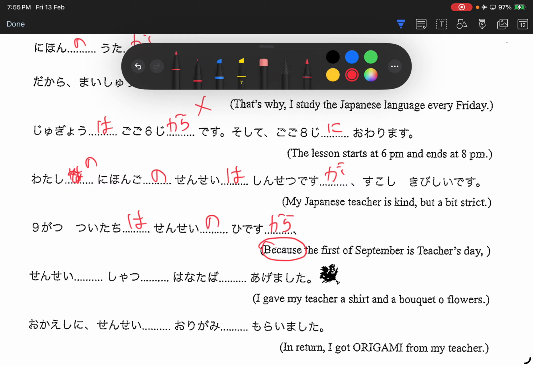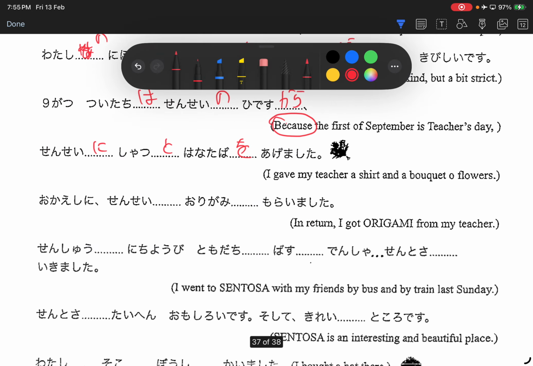Continue, Serene. 先生にシャツと花束をあげました。Very good. 花束 just means bouquet. So the item is 花束をあげました. Since the verb is あげます, that's why we use 先生に. The に here means the recipient, not the source.